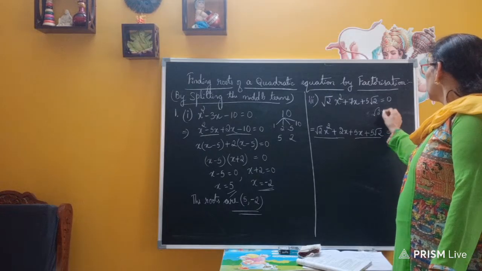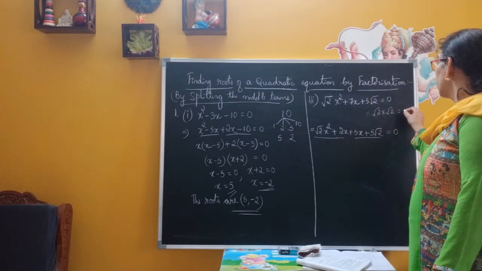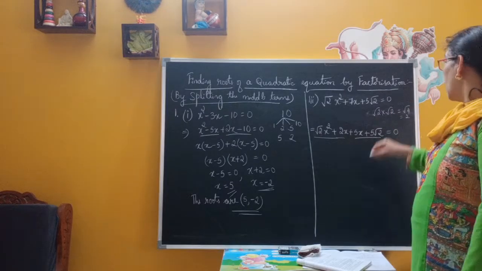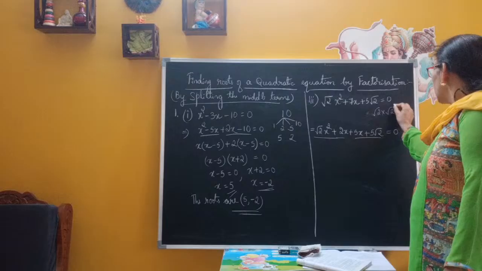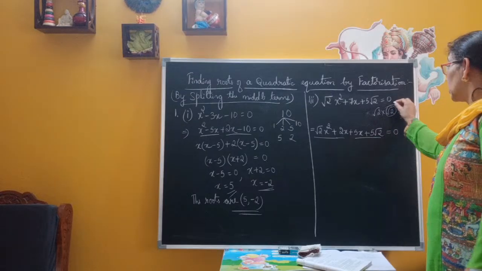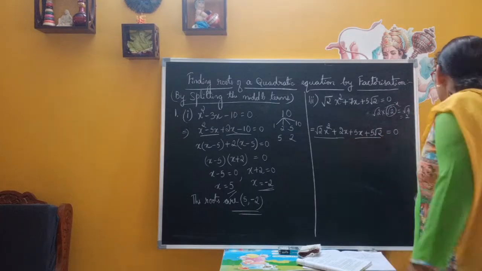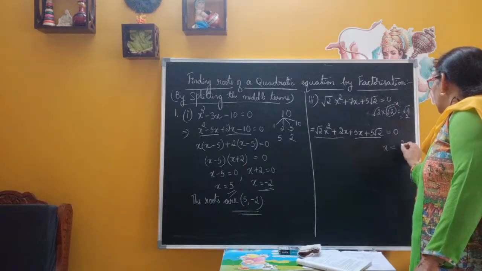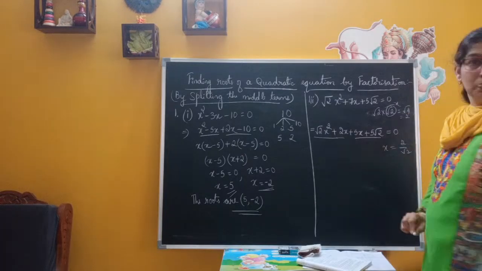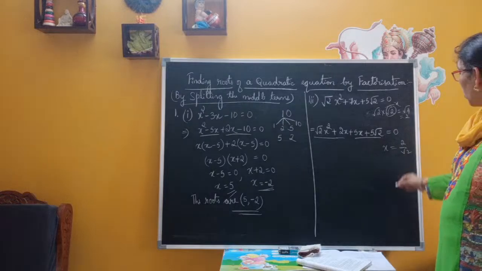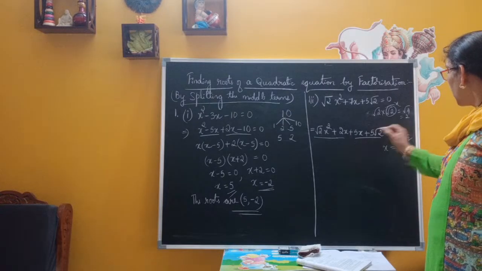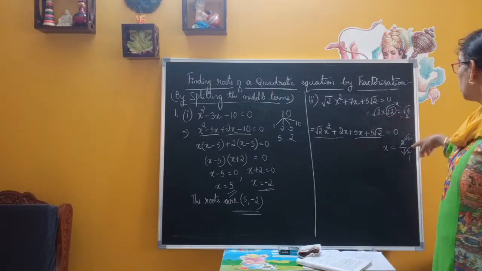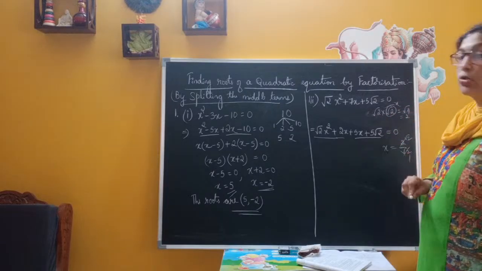Root 2 into root 2 is root 4, which is nothing but 2. Suppose this is x, so root 2 into x is equal to 2, then x is equal to 2 by root 2, which is root 2. Am I right? Yes. So root 2 cancels with root 2 and we get root 2 only.